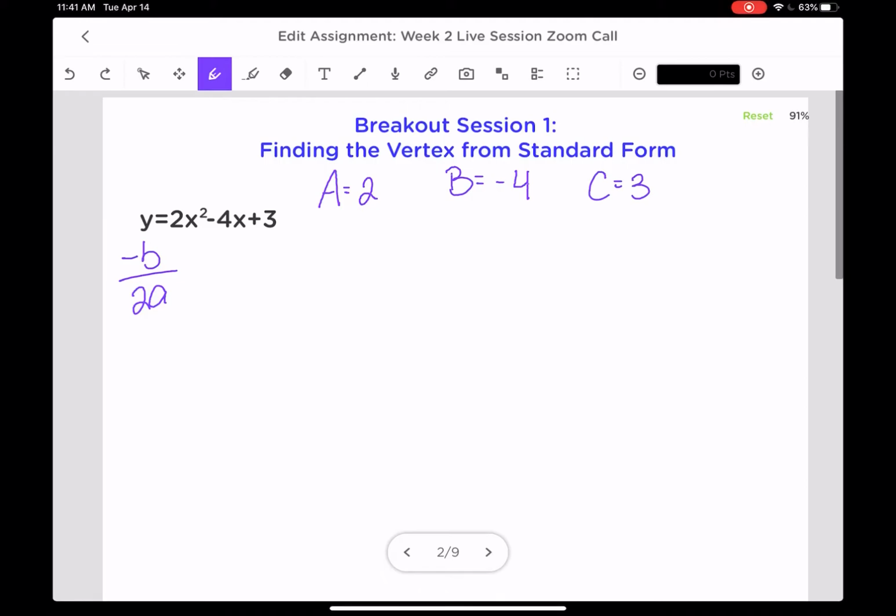In this example, b is negative 4, so negative b is positive 4. And a is 2, so 2 times a would be 4. And 4 divided by 4 is 1, so the x value of my vertex is a positive 1.